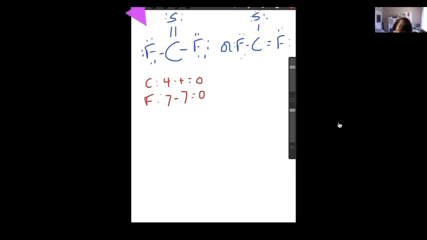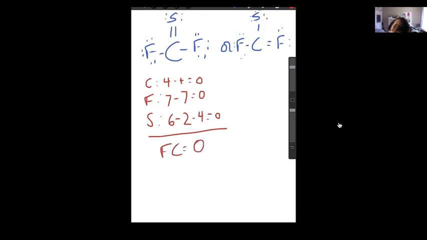And that fluorine is the same. And then sulfur came in with 6, minus 2 for the bonds, minus 4 for the non-bonding electrons, makes it 0. So the total formal charges is 0. So that's a pretty darn stable molecule.